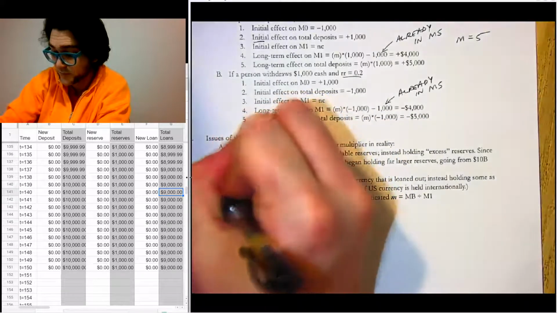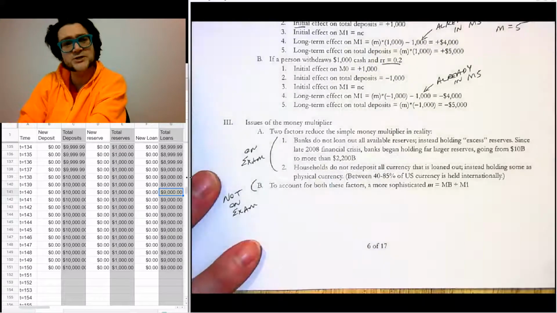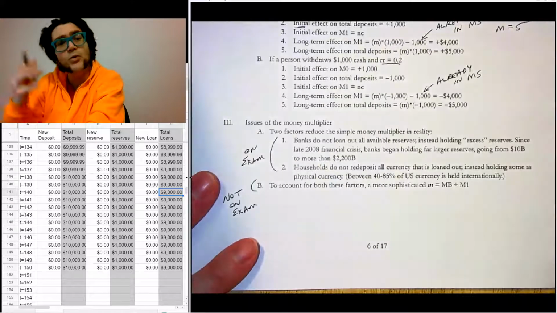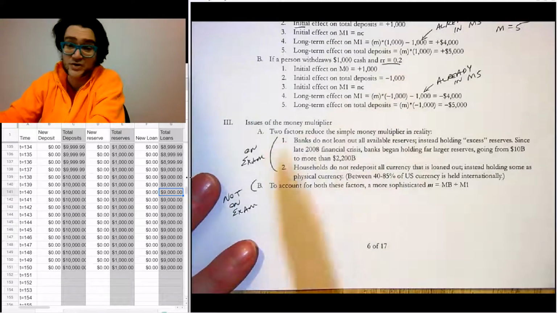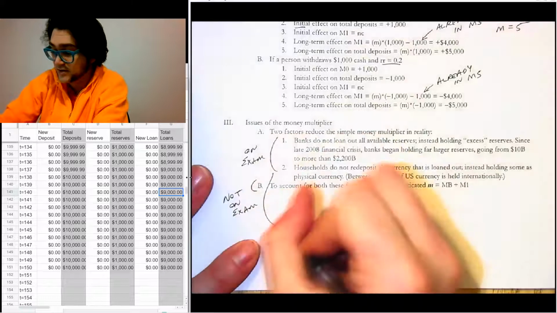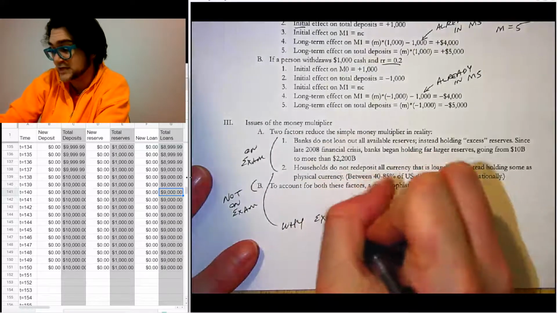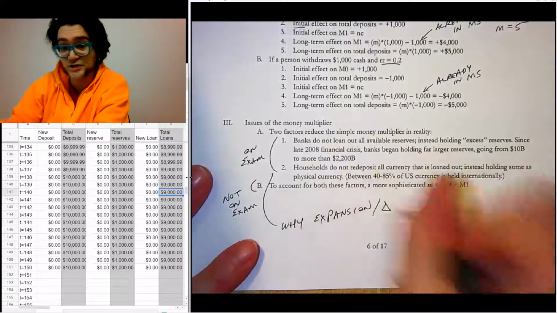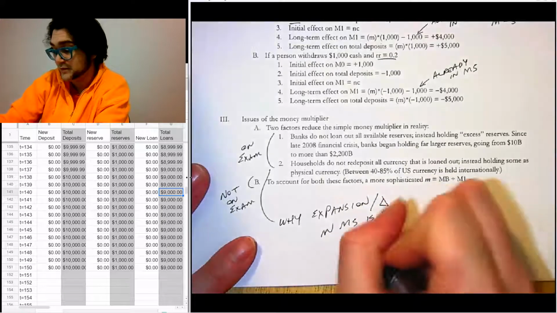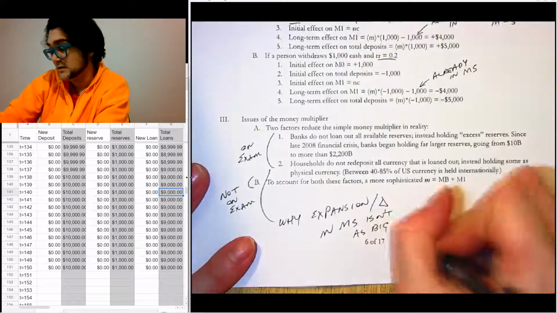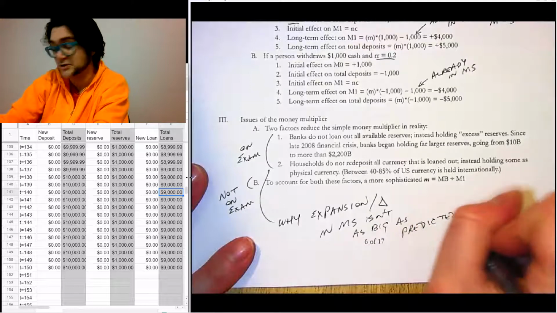You're probably going to be asked a question that asks, why would this money multiplier effect not be as large as you thought? Or more broadly, why the expansion or the change in the money supply isn't as big as predicted. And it's because people hold cash and banks don't loan out all the money.